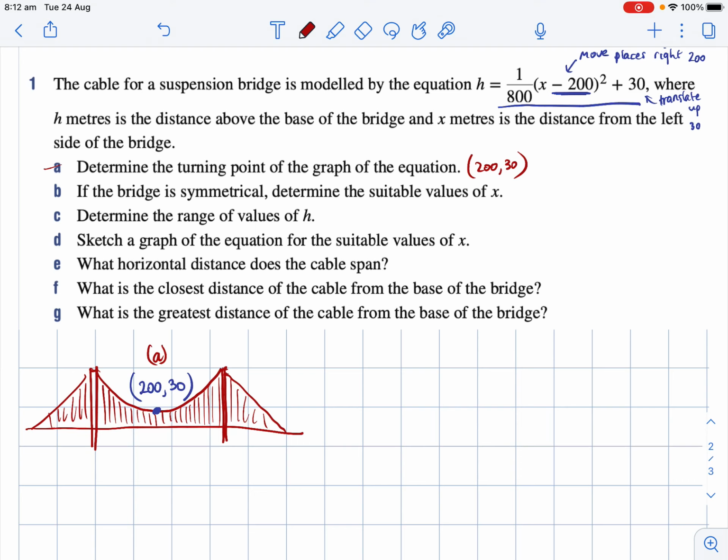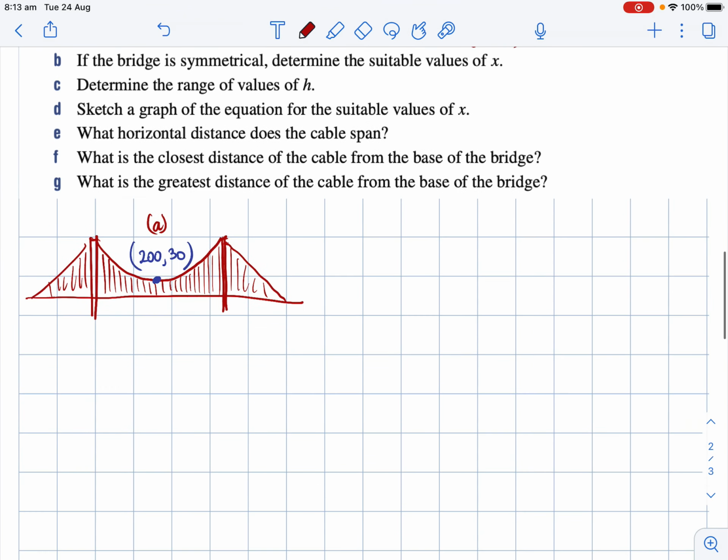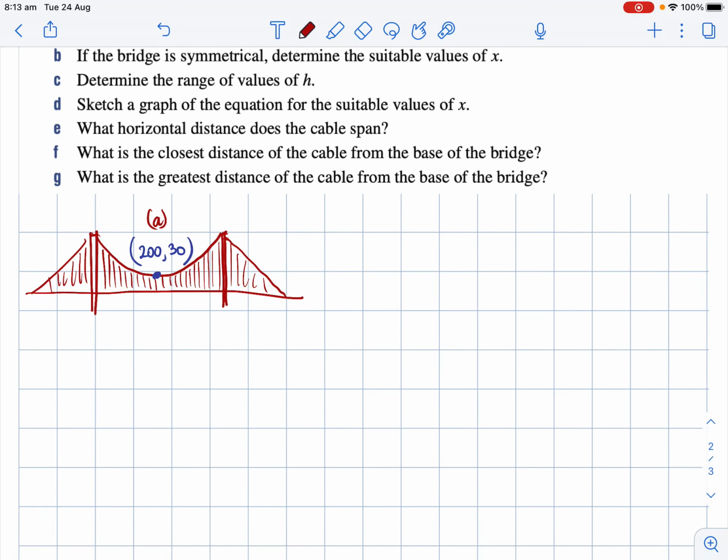So let's think about what values will actually work for x in this problem. Well, we could have some kind of bridge. Is it going to go on forever? What do I mean by is it going to go on forever?